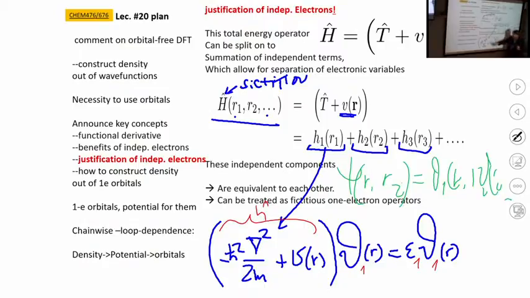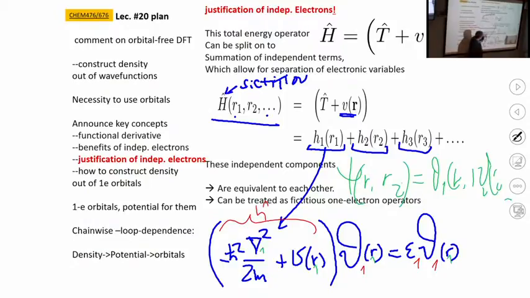So here we put the kinetic energy term, which will be the gradient over electron 1. And then we notice that since electrons do not interact, the external potential for each electron will have the same functional form.